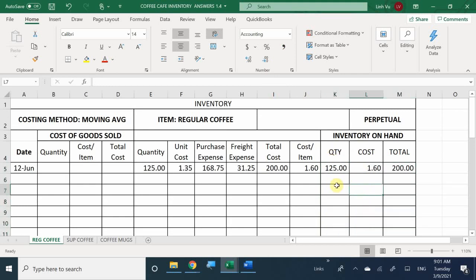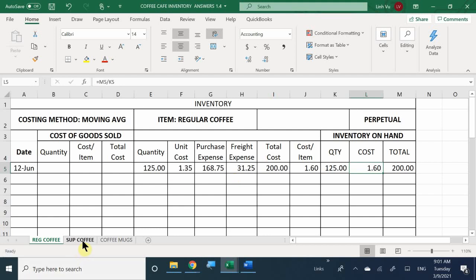I'm always going to have a quantity and a cost, but I'm always going to be recalculating the average cost because we're doing moving average. We're constantly selling our items, so we need to readjust our average cost at all times. In this case, it is an even $1.60.